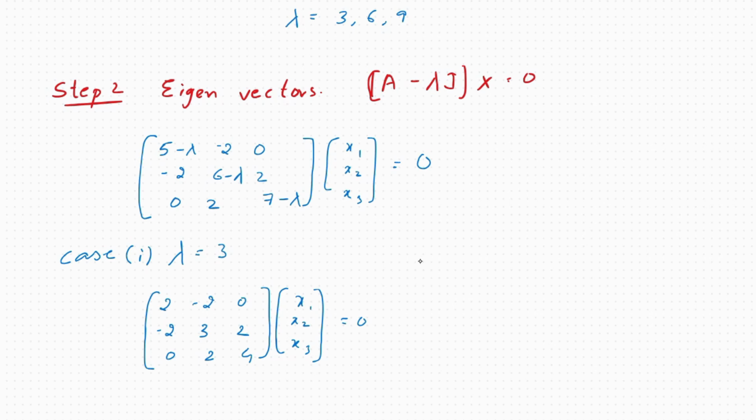Now the equations will be formed as 2x1 minus 2x2 is equal to 0, minus 2x1 plus 3x2 plus 2x3 is equal to 0, 2x2 plus 4x3 is equal to 0. How we got these equations is, this row is multiplied with x1, x2 and x3. Now to solve these equations, consider these two equations.